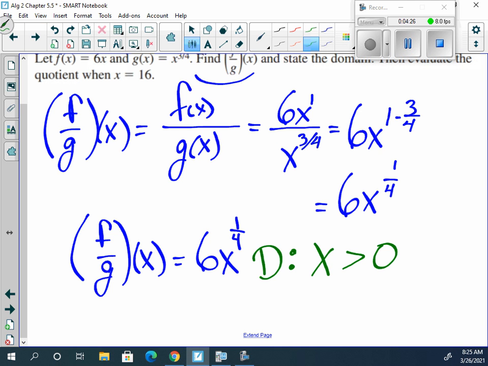Why not equal to? Right, because we're talking about division. In our original equation, we had g of x in the denominator. We can't have it equal to 0. So we still talk about the original function. So most of the ones on this here is going to be greater than 0. We cannot have a 0 in the denominator, even though our final expression doesn't have a denominator, it still cannot be 0.